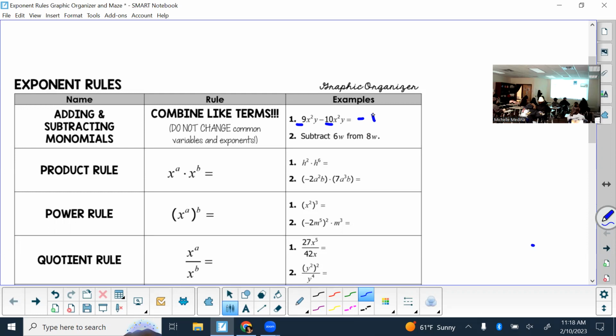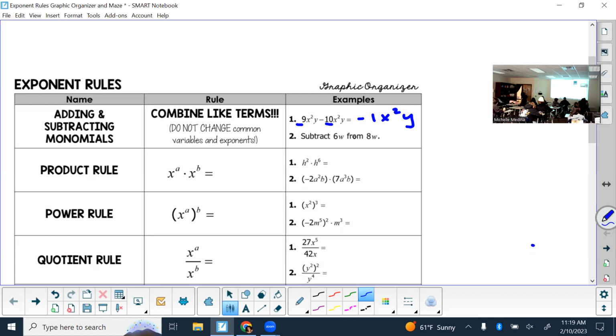And the rule is do not change the common variables and exponent. So it's still x squared y. Questions on that one? Do I need to write this 1? I don't need to. I could just leave the negative, but I don't care if you write it.